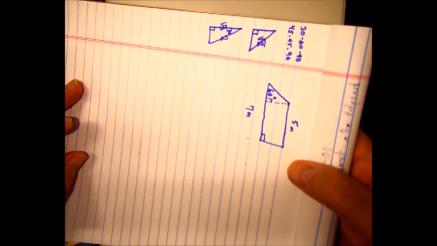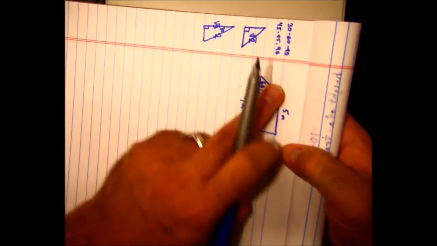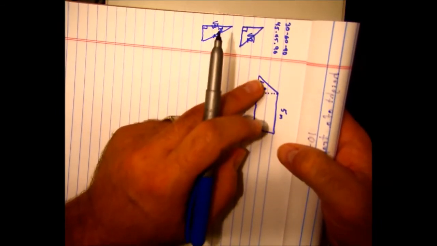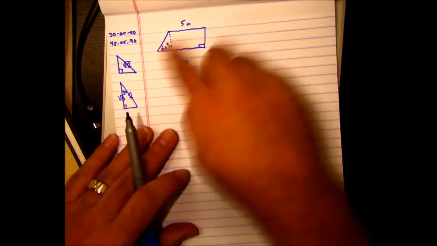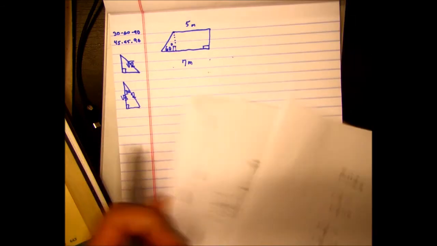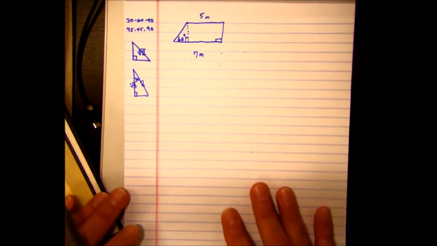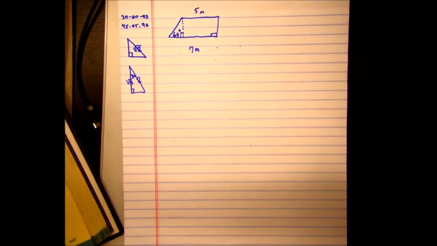If you need to, you can just turn your picture so that your 30 is up top. And then put the measurements. That would be the hypotenuse. This would be the long side, and this is the short side. Well, why? Because 60 is always across from the longer side. 30 is always across from the shortest side. And of course, the hypotenuse is always across from the 90-degree angle.